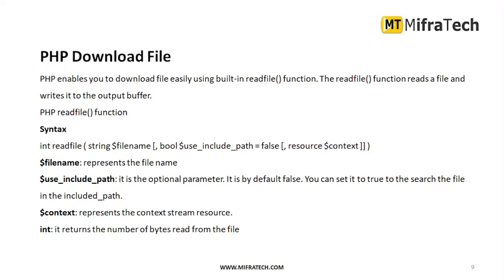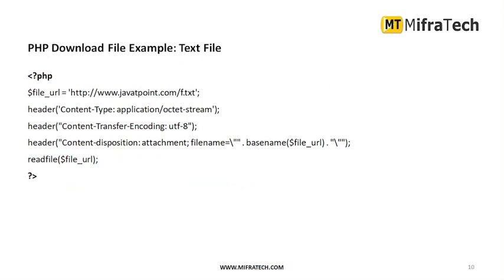We use 3 parameters here: filename, use_include_path and context. Filename always represents the file name which we have given. Use_include_path is an optional parameter, we can include it or not, but it is set to false. Context represents the context stream resource. Int, it returns the number of bytes read from the file.